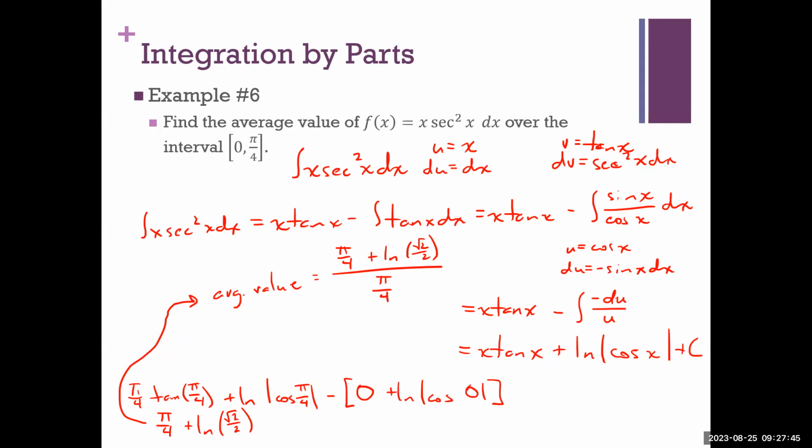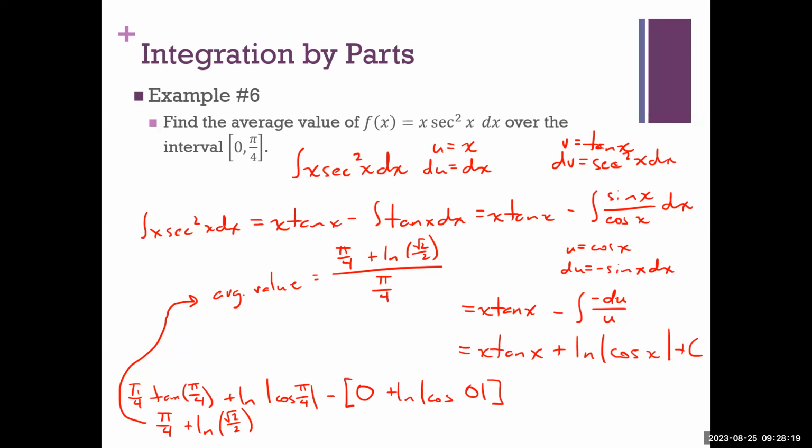Okay. Melissa? When you're integrating tan of x, is the tan of x you're integrating negative? It shouldn't be. I don't think we dealt with the negative sign in exactly the way you're saying, but I think we did deal with it correctly.